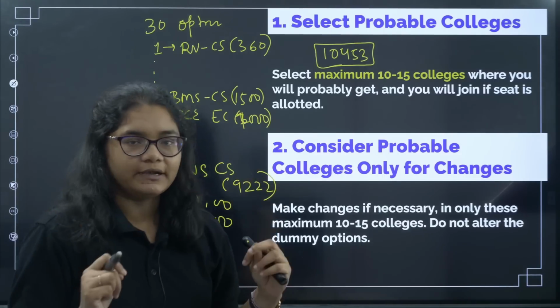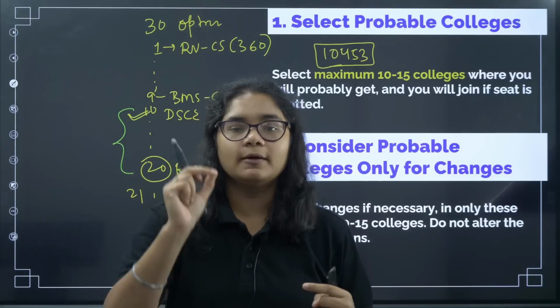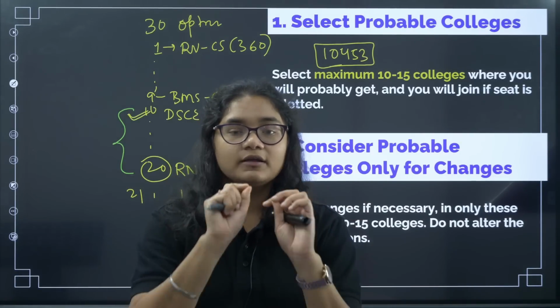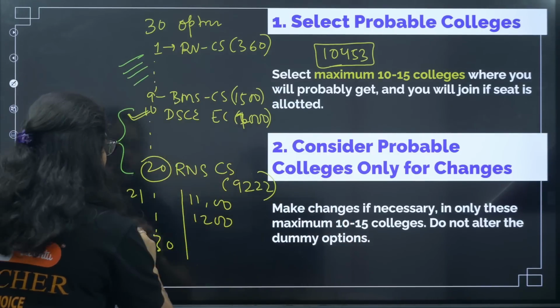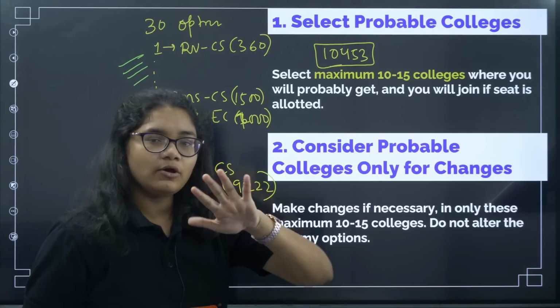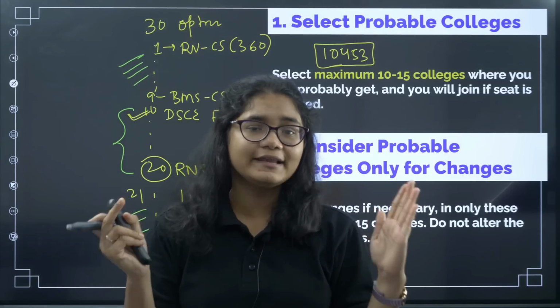So check your option entry and select only that range, that college list where the probability of getting the college and the course is high. Do not alter anything with these options where there is no probability, or where there is very high probability. This one, where you may or may not get, is where you have to highlight these colleges.